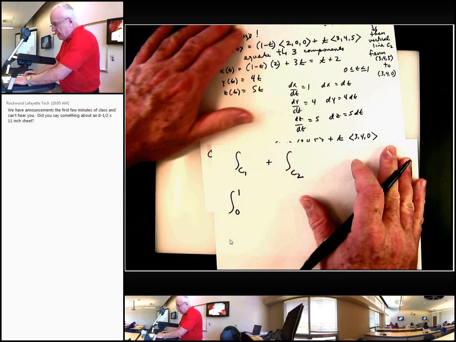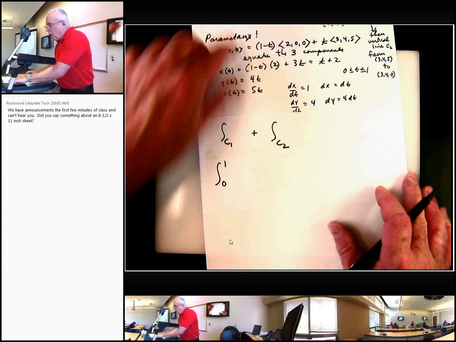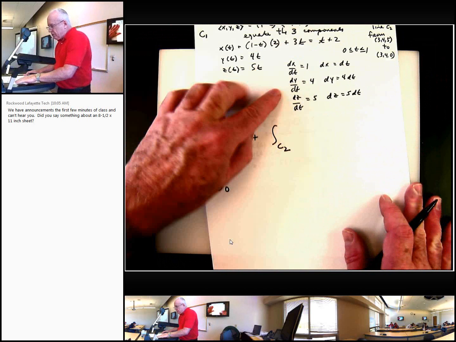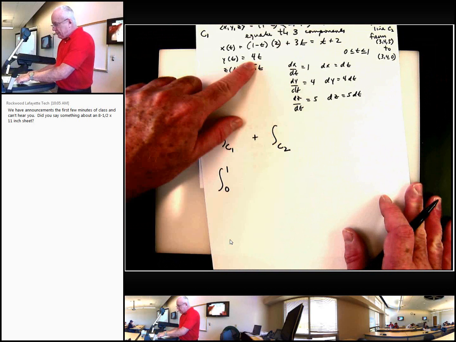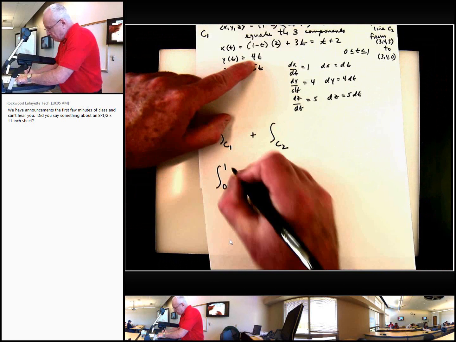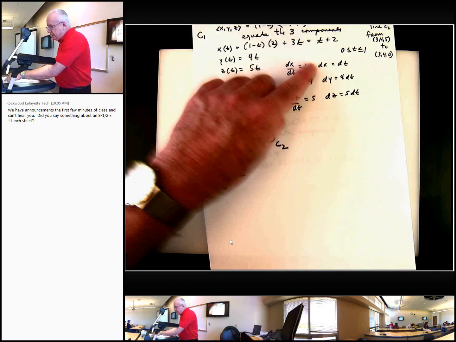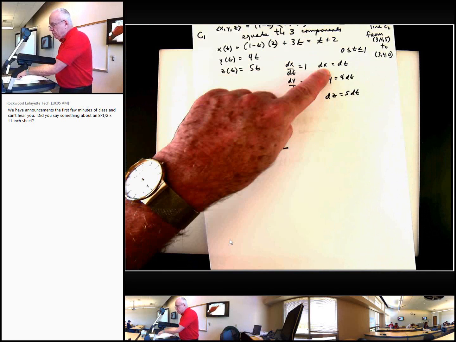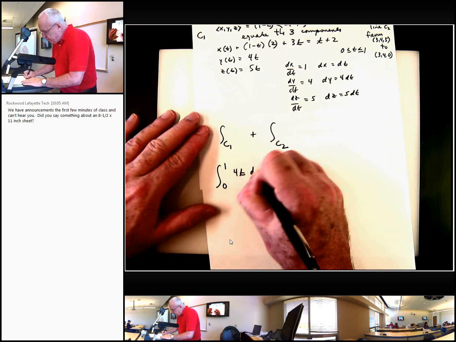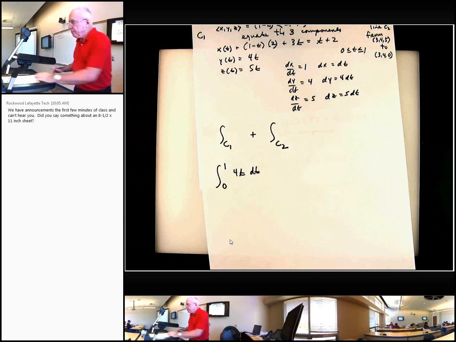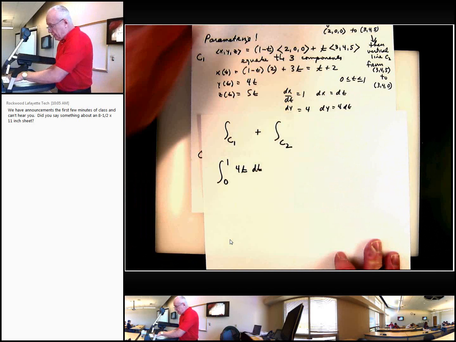Here we have y times dx. Now for C1, y is equal to 4t, so we have 4t, and then we have our dx. Well, dx here is equal to dt. Then we have z dy.